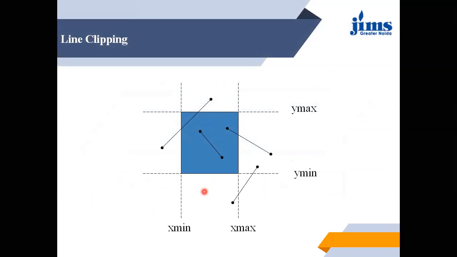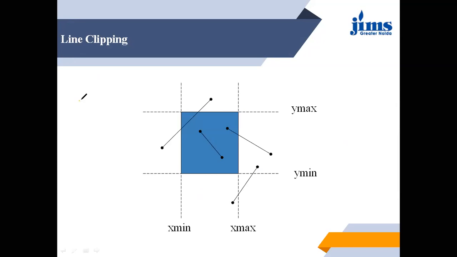So let's start line clipping today. As we discussed in the first unit, a line is a collection of continuous pixels.